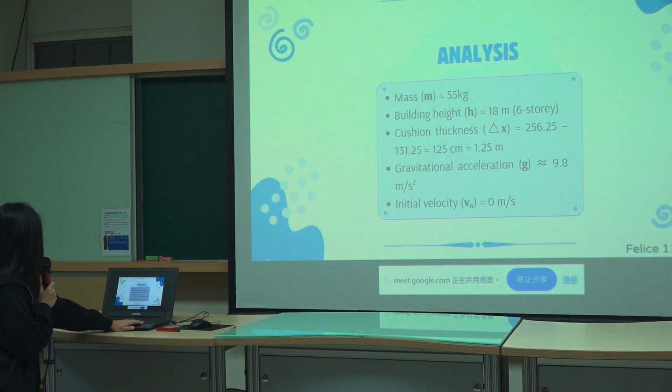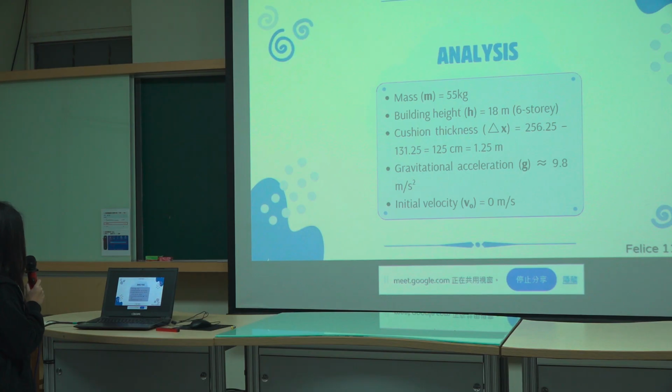So we have these parameters, and his initial velocity will be 0 meters per second, because based on the conclusion from the previous question, we know that it's impossible to run down a vertical wall. So when he tries to run down, he will slip and fall. So his initial velocity will be 0 meters per second.